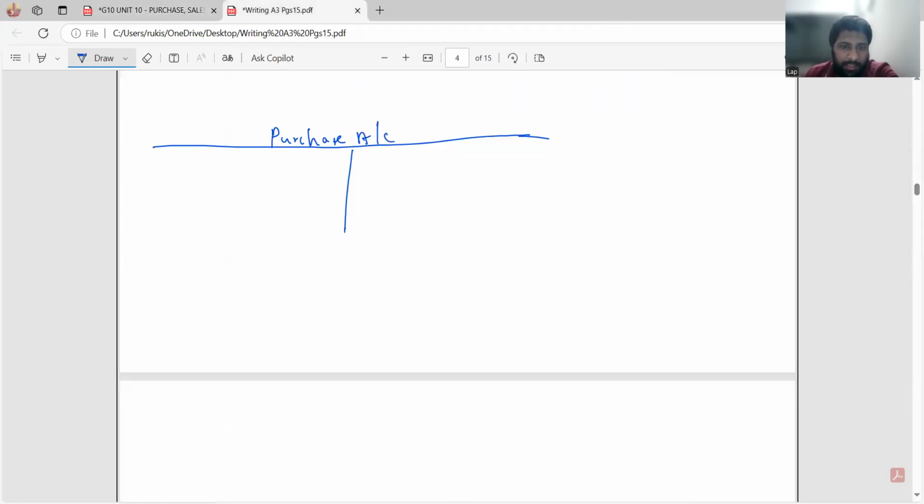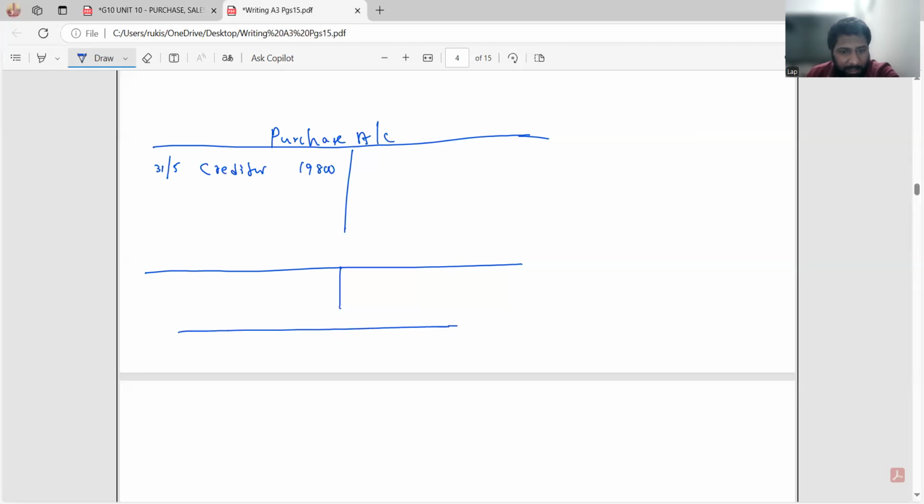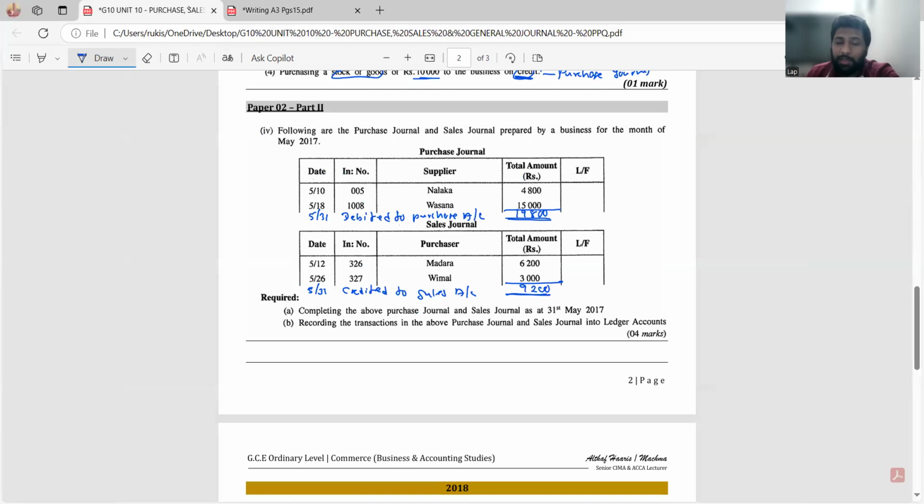Debit 19,800. 31st. Here you can write credit. And you can credit to the relevant individual account. So total will go to the purchase account. Individual amounts will go to the individual accounts. Nalaka's account and Vasana's account.